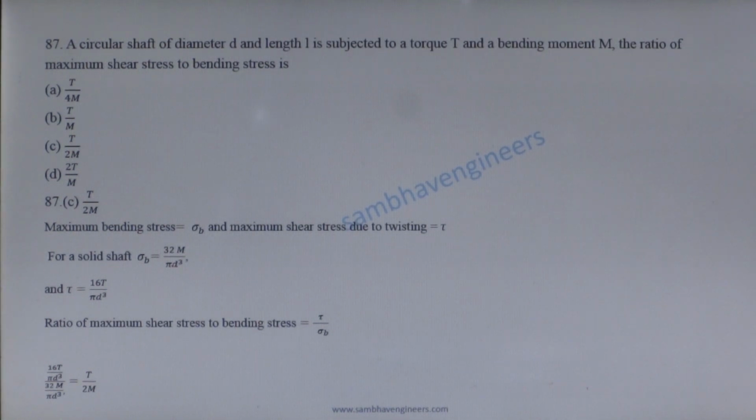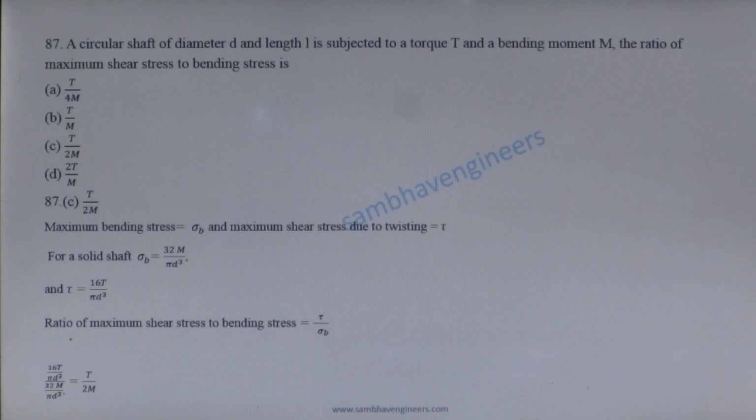A circular shaft of diameter d and length L is subjected to a torque T and a bending moment M. The ratio of maximum shear stress to maximum bending stress is, for a solid shaft, maximum bending stress is given by 32 M divided by pi d cube, and maximum shear stress in the shaft is given by 16 T divided by pi d cube.